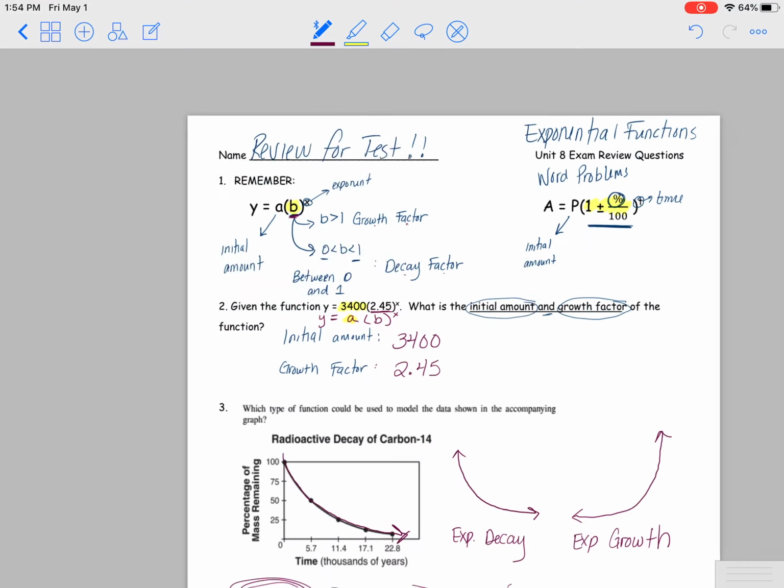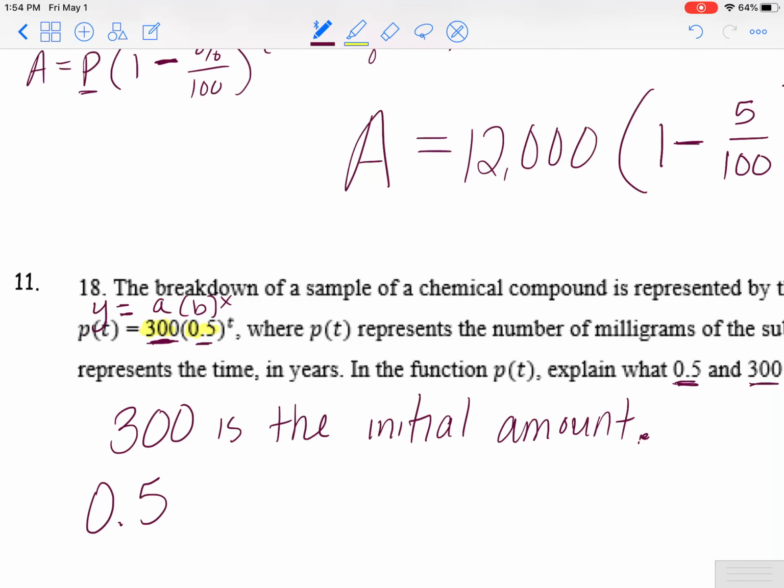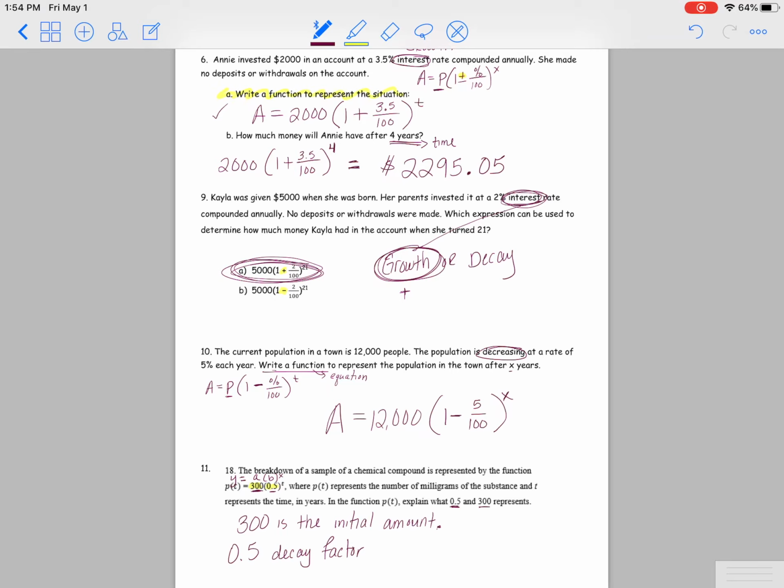The number inside parentheses, it's either going to be a growth factor or a decay factor, depending on the problem. Well, is 0.5 between 0 and 1, or is it bigger than 1? Like 0.5 is a half. So that's definitely a decay factor.